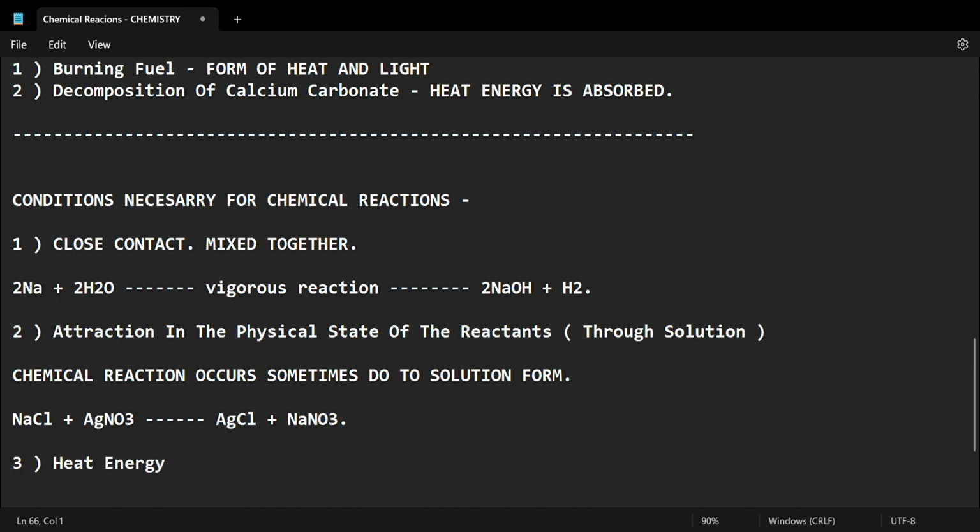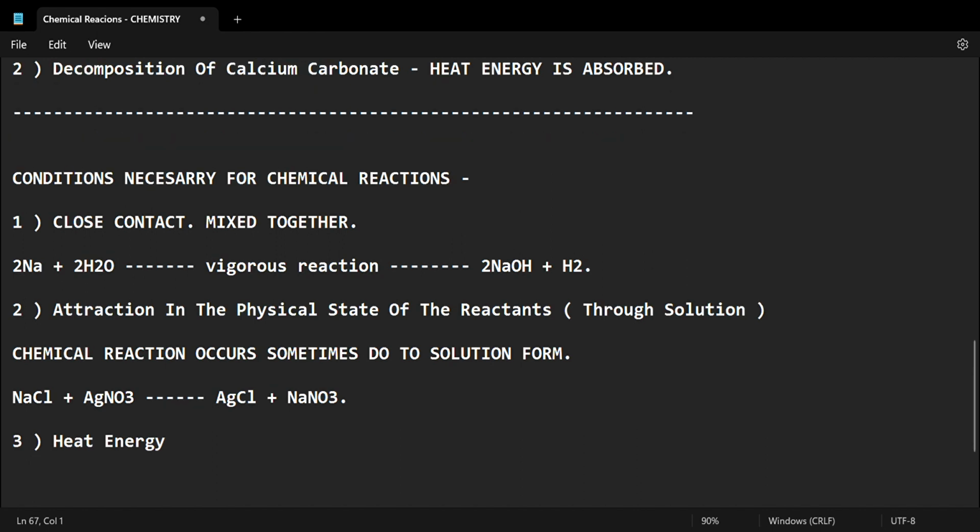We have seen this in the change of color, the third formula. 2PbNO3 on heat becomes 2PbO plus 4NO2 plus O2.